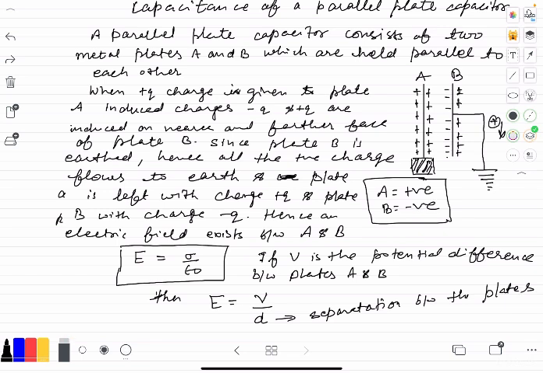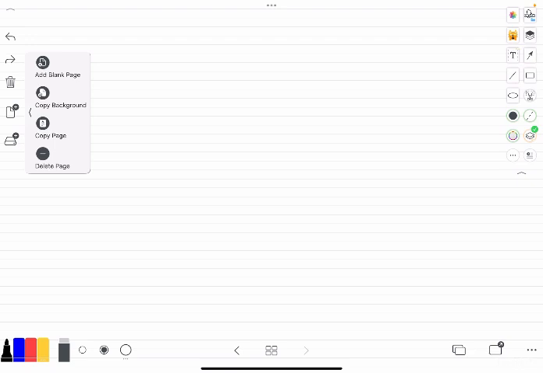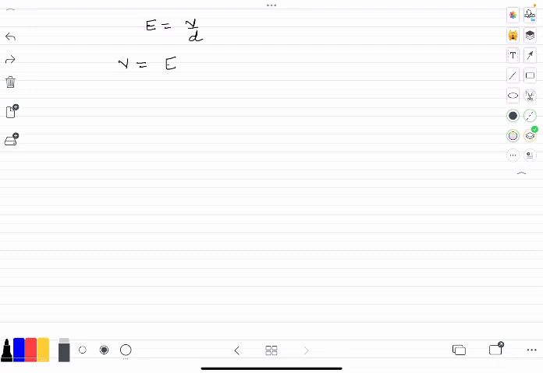Okay, so this distance is d. Now we have E is equal to V upon d, or V is equal to Ed. And we know that E is equal to sigma upon epsilon naught. So V is equal to sigma upon epsilon naught into d.